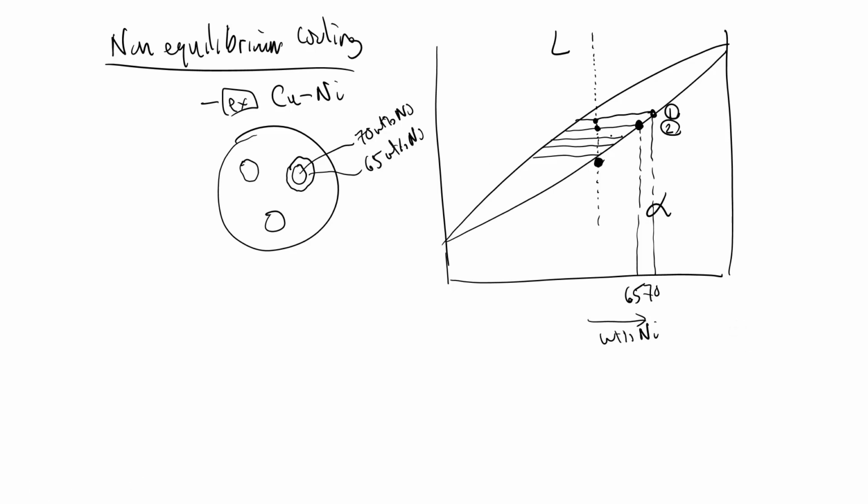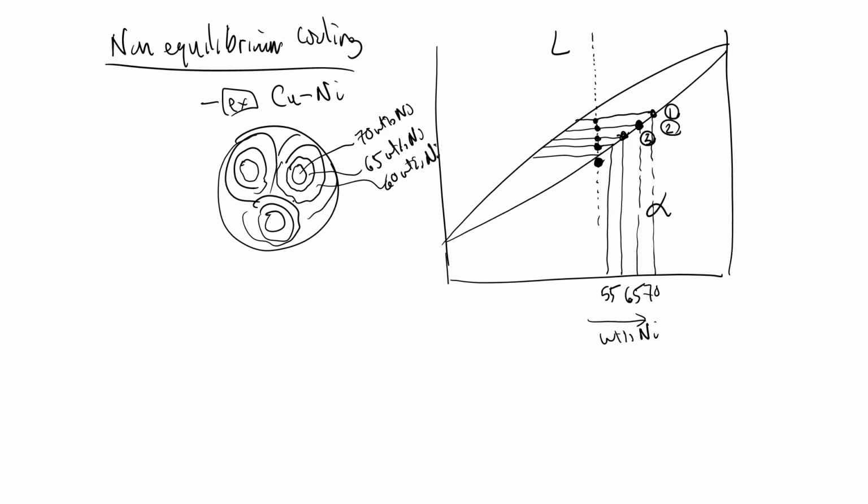And let's say I could immediately drop the temperature to temperature 3. Now you can see it changes again. Now it's about 60. So now I add some more solid on there. Same with these other ones. And that solid's 60 weight percent nickel. And then finally, right before I get to the end, this is maybe 55. So now I add some more solid on there, and it's 55.